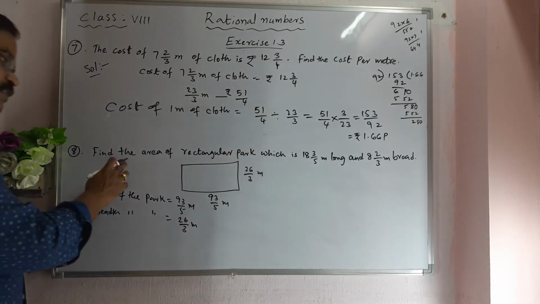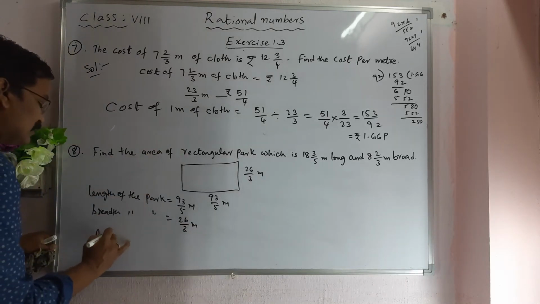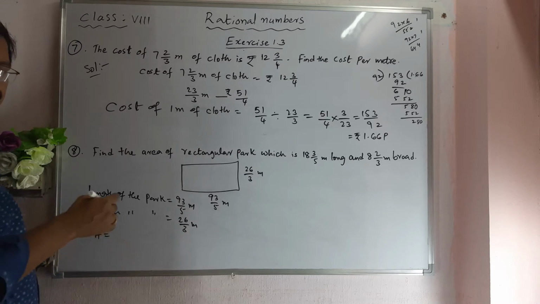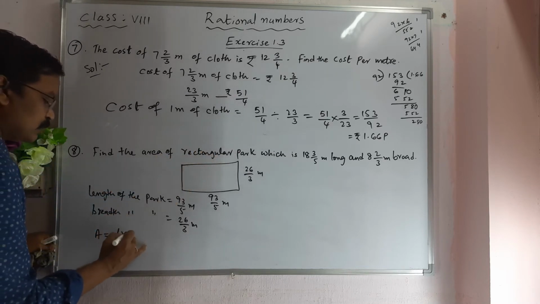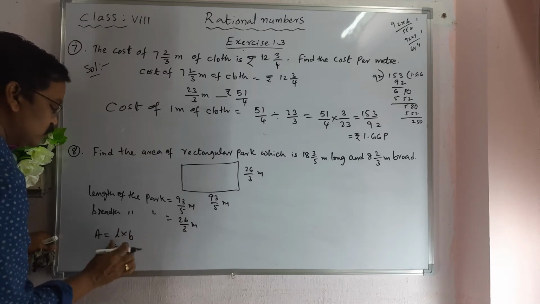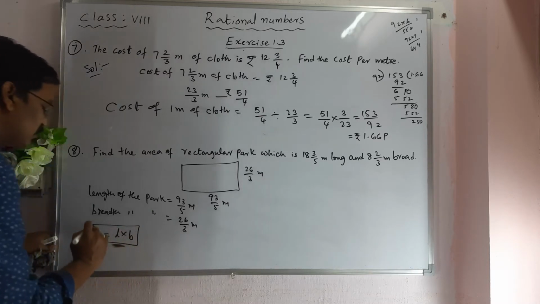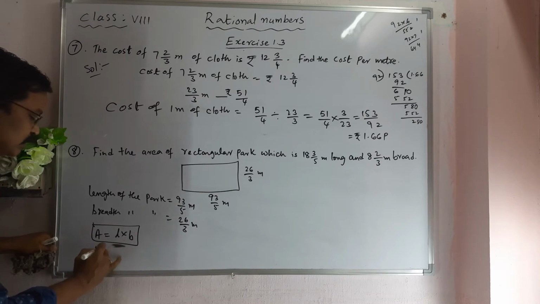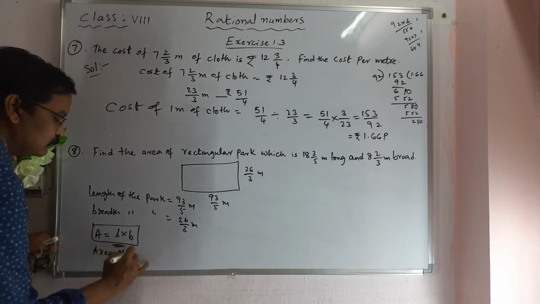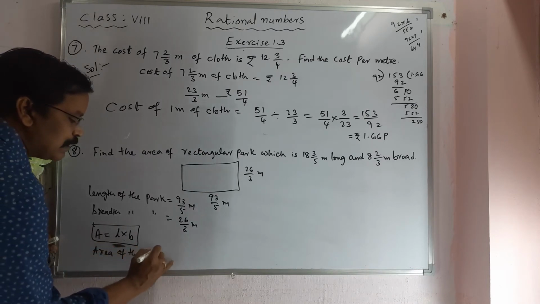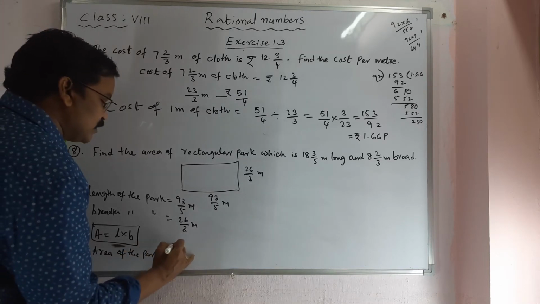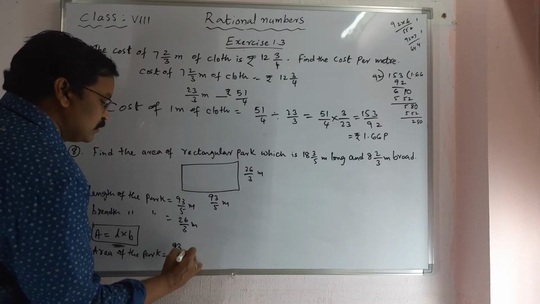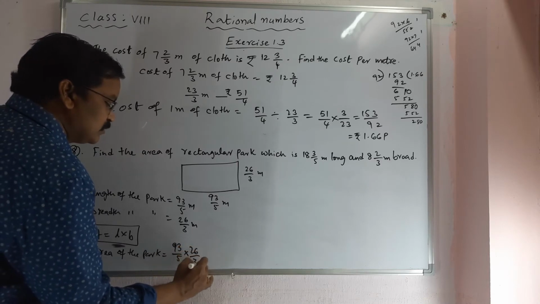So what we have to find here? Area. So what is the area of a rectangle? Since it is in rectangular shape, area is equal to length into breadth. Therefore, the area of the park, which is in the shape of a rectangle, is 93/5 times 26/3.